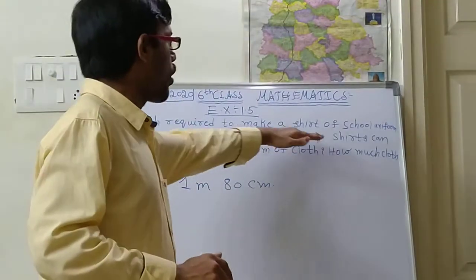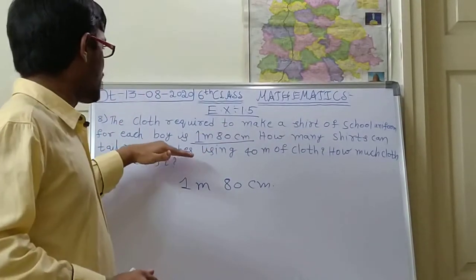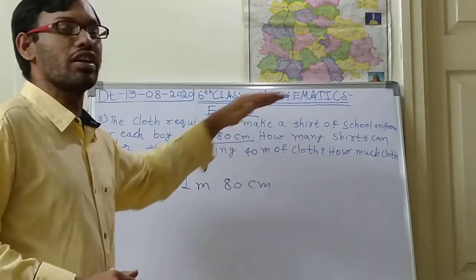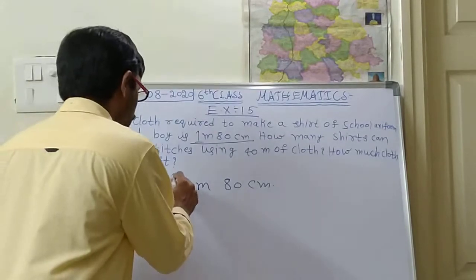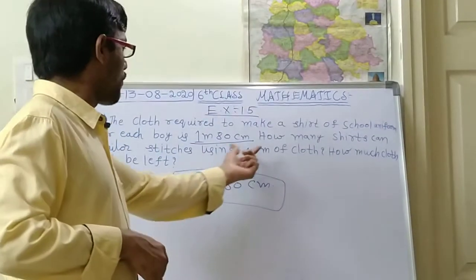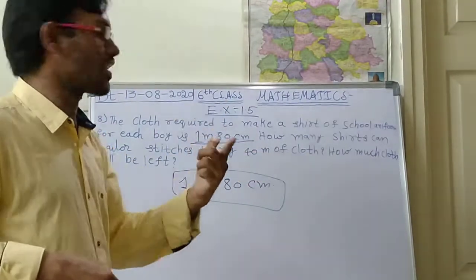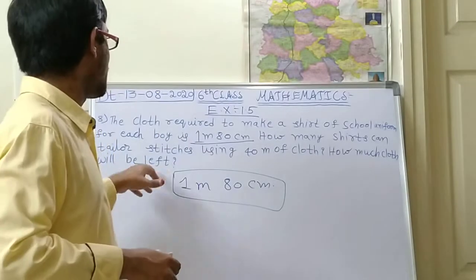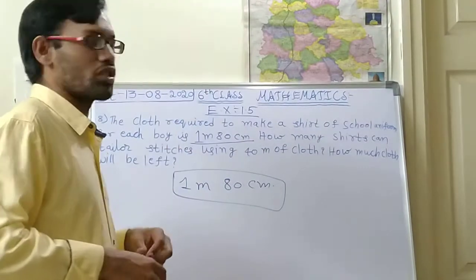How many shirts can the tailor stitch using 40 meters of cloth? For one shirt, 1 meter 80 centimeters is required. So for 40 meters, how many such shirts will he stitch? That is the question.